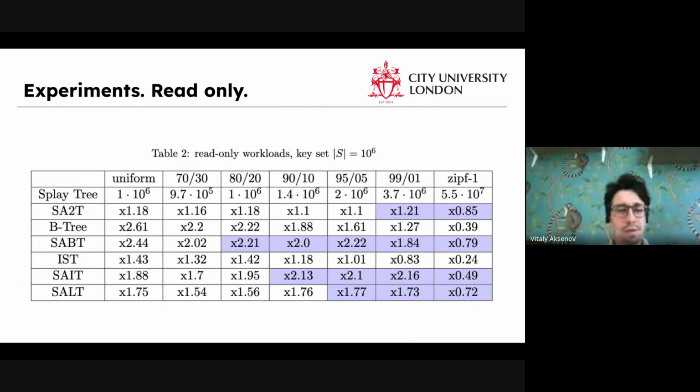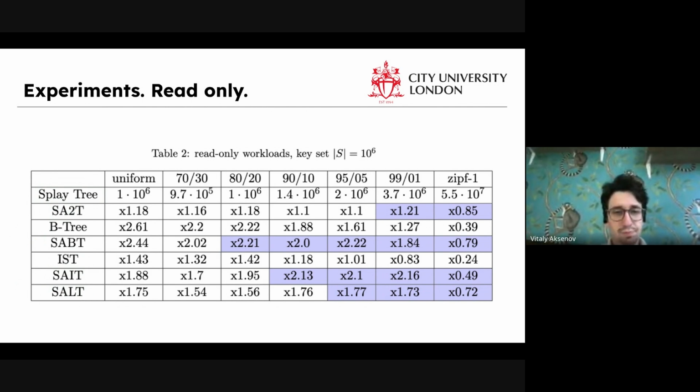SA2T is if we consider not a B-tree but a binary tree, which is why it's 2 here, and there is an additional data structure, salt, where we choose L. This means that the number of children of the node is not B or square root of M, but logarithm of M. This is just to play a little bit, because this doesn't change our algorithm at all.